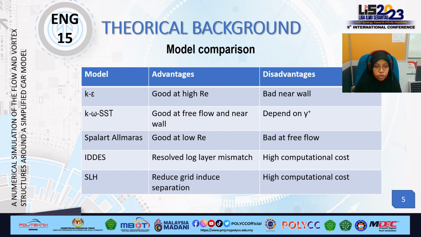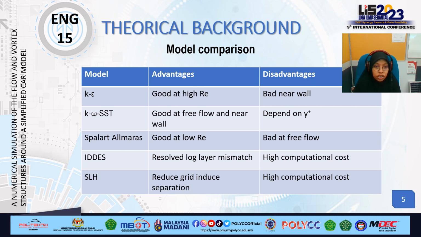The models we use in this experiment are k-epsilon, k-omega SST, Spalart-Allmaras, IDDES, and SLH. They have their advantages and disadvantages. K-epsilon is good at high Re but bad near the wall. K-omega SST is good at free flow and near the wall but depends on Y plus.